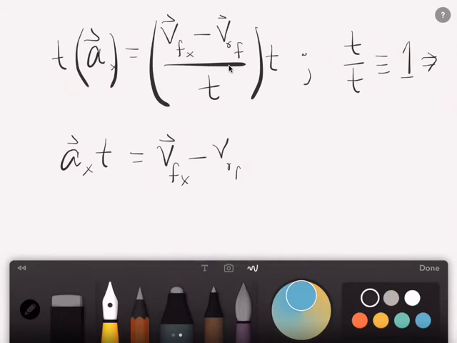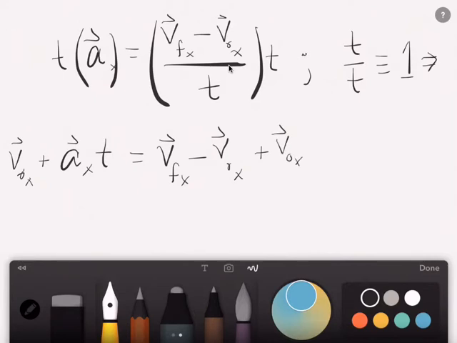Look at this stuff up here that I have. It should be an x. And the t is gone, okay? So we're solving for the final velocity in the x direction. I may have failed to mention this, but that's what we're solving for. So if we're solving for that, we have to use the addition principle of equality and add the initial velocity in the x direction to both sides.